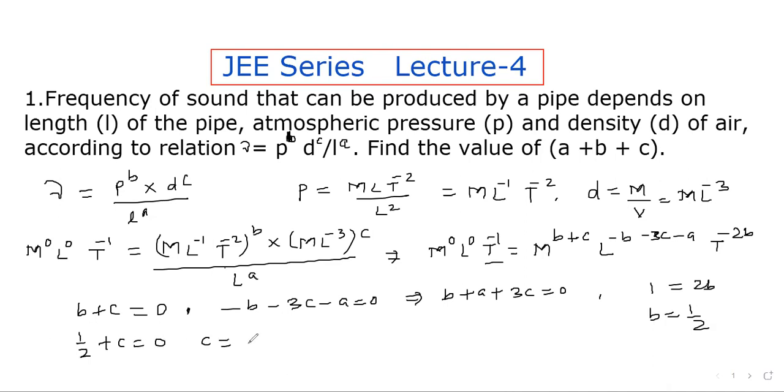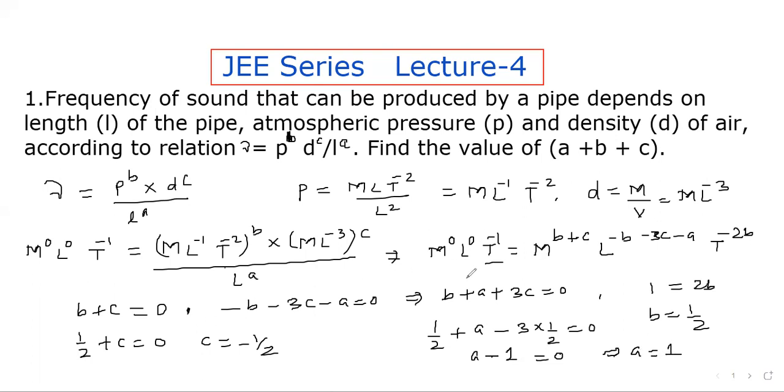So this gives C equal to minus half. When C equals minus half and B equals half, we put them here: 1 by 2 plus A, and this is minus 3 by 2, so A minus 3 by 2 plus 1 by 2, that is A minus 1 equal to 0, from where we get A equal to 1.